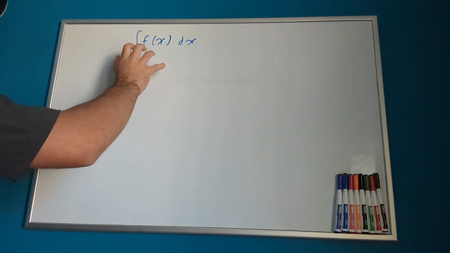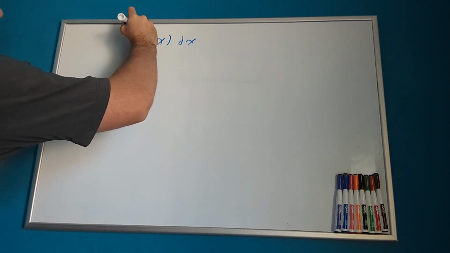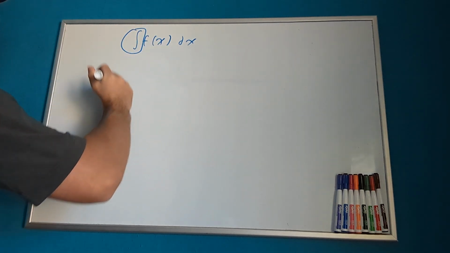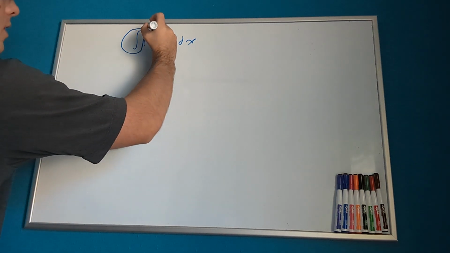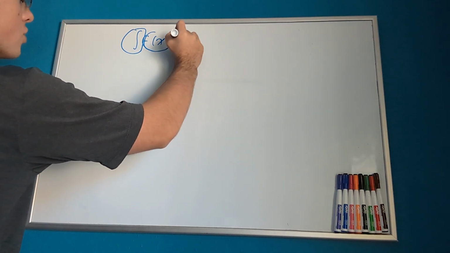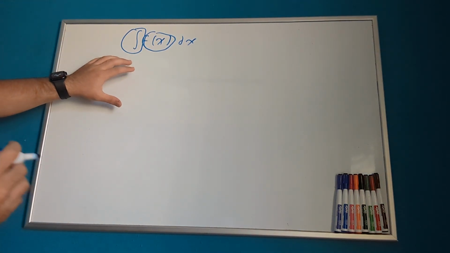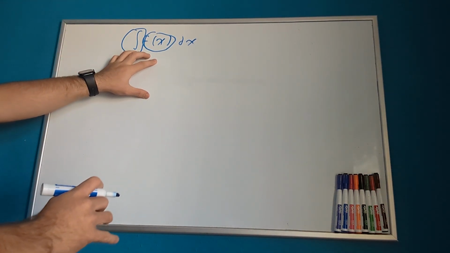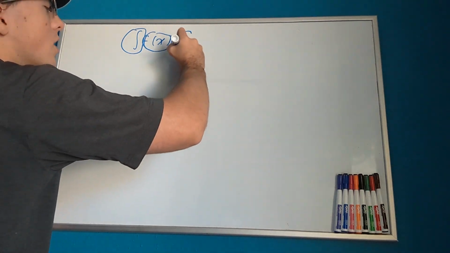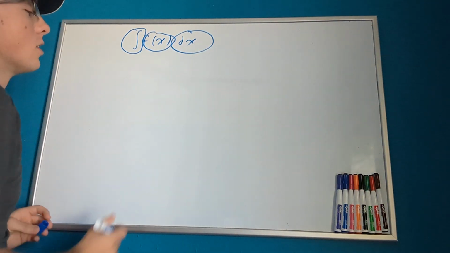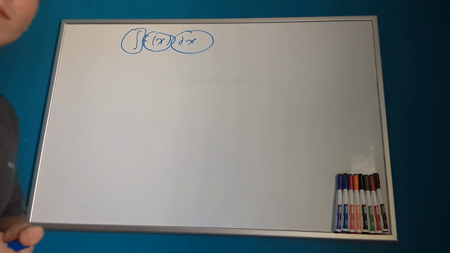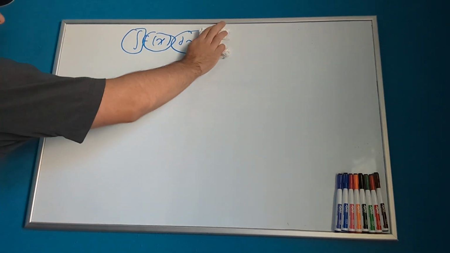But essentially, all we need to know for right now is that this is the integral sign, okay? This part right here, the function, that's the integrand. That's what we're taking the integral of, what we're anti-differentiating. And this part right here just means with respect to x, okay? So that's what you need to know right now.